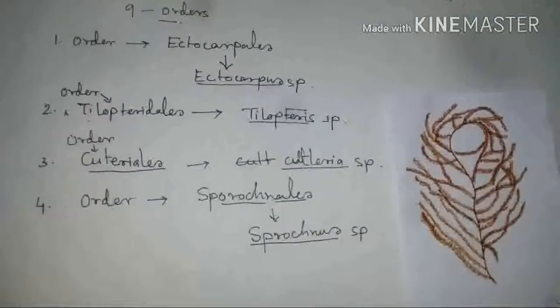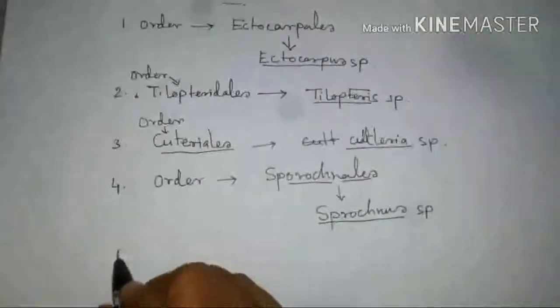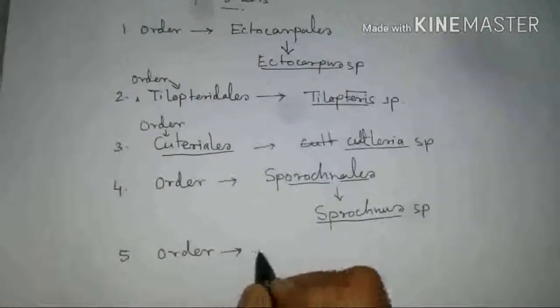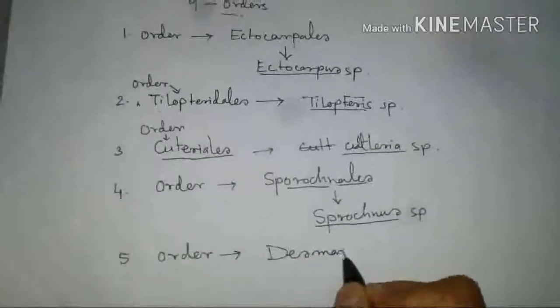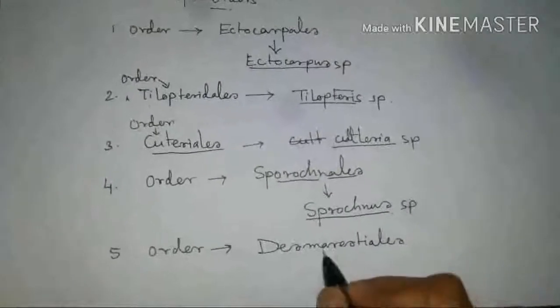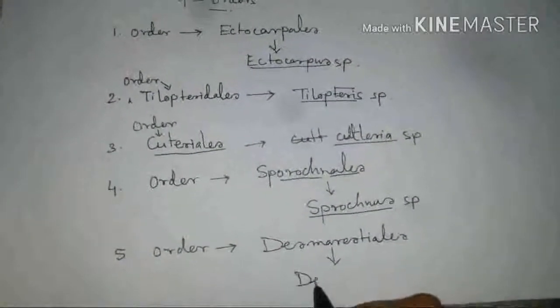Now the fifth order is Desmarestialis, and an example of this order is Desmarestia algae.